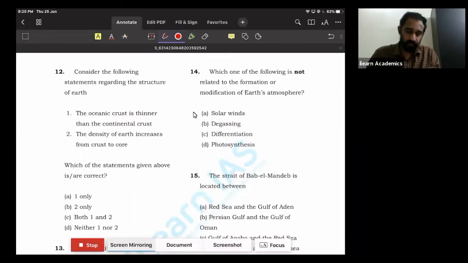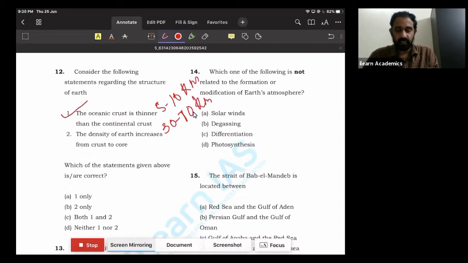So you should be very thorough regarding the concepts. The oceanic crust is dense and thus thinner than the continental crust. The thickness is only around 5 to 10 kilometers for oceanic crust, while for continental crust it is between 30 to 70 kilometers.